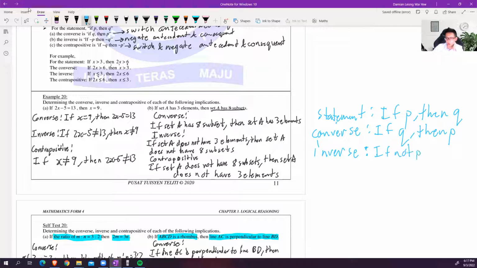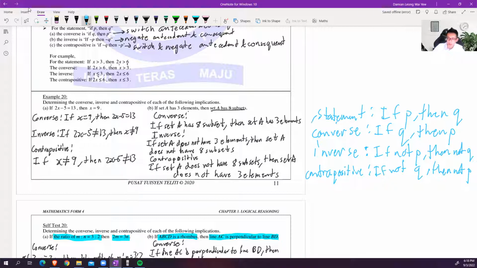If not P, then not Q. And contrapositive is the combination of both. Means if not Q, then not P. Switching antecedent and consequent and also negating them.